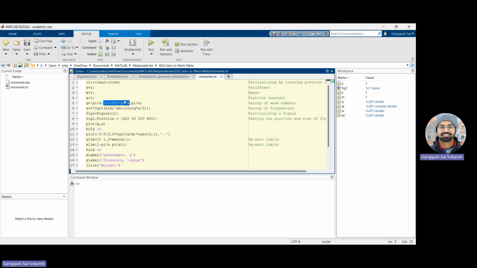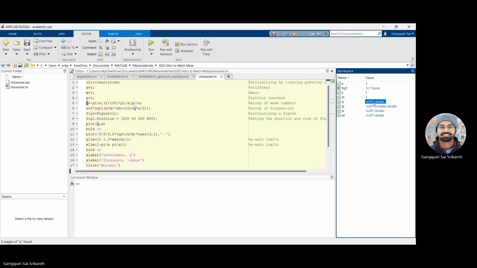So I've given 100th. If 100th is the gap, this goes from, let's say, some minus value to plus value. Then in total, we'll have 100 plus 100 and one particle in the center, like 201 entries in Q. And that is what we observe here, 201. So you can open it and see.